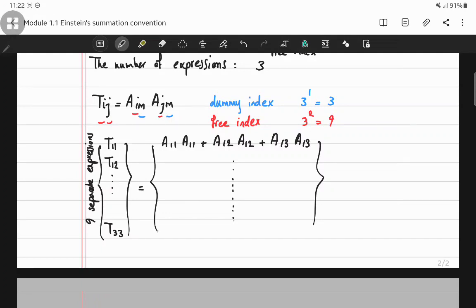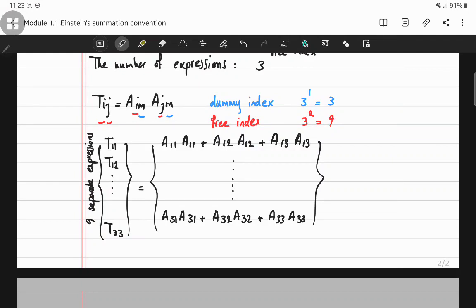For the last one, you will have i at 3 and j at 3, so A31 A31 plus A32 A32 plus A33 A33. So now you know about the free index and the dummy index here.